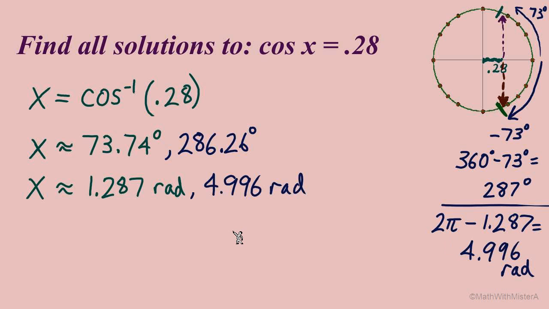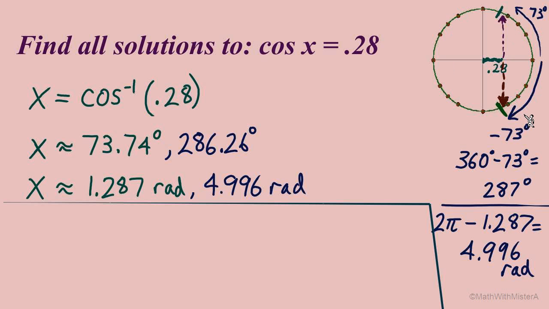So working in degrees, we should get 2 answers. If we're working in radians, we should get the same thing as in degrees, 2 answers. And the calculator will only give us 1 because the range of inverse trig functions only spans 1/2 of the circle. We will determine where the other one is based on reflections and positive and negative angle measures.